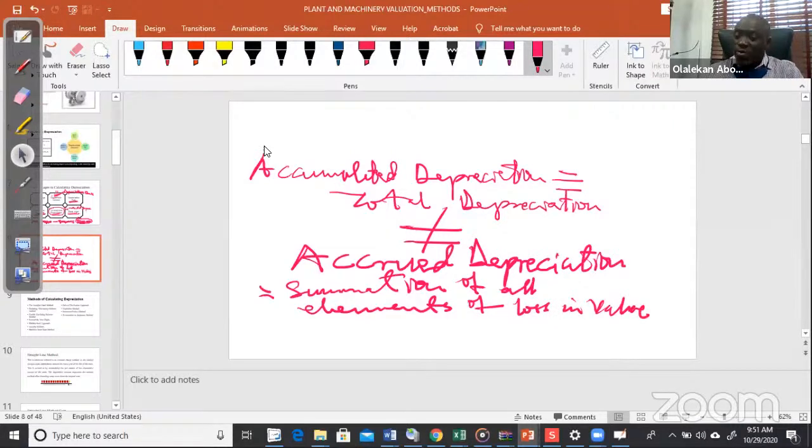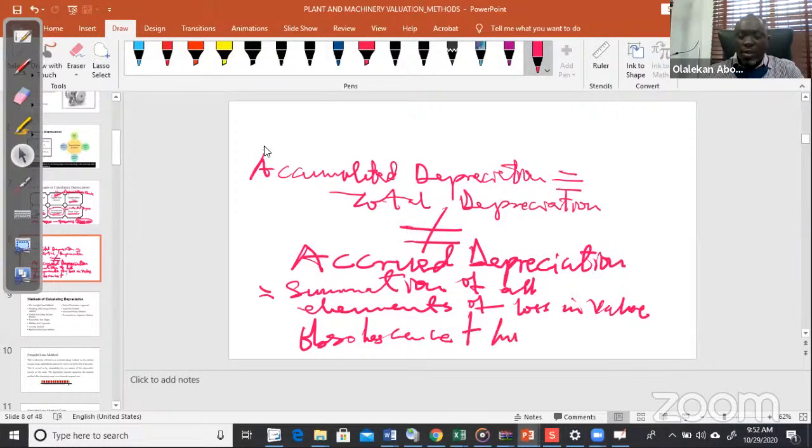Elements of loss in value are not limited to depreciation, physical deterioration. No. Apart from physical deterioration, you have obsolescence. You have what we call inutility.